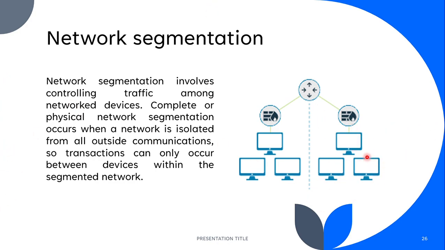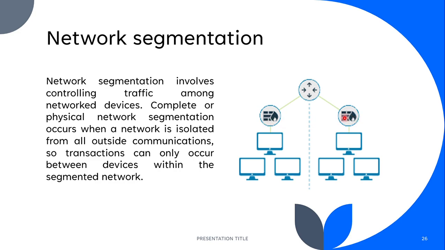So the advantage of this segmentation is that the network is isolated. If there is any attack between these particular devices, it will not be able to flow because there's no direct communication between them. And if there's any need for systems from these places to communicate with these devices, the rule has to be allowed in this firewall and also in this firewall.